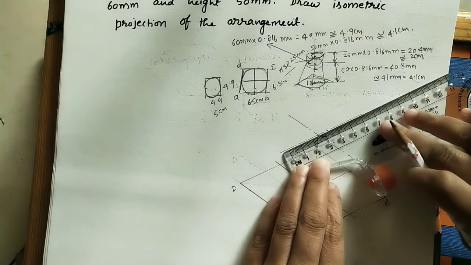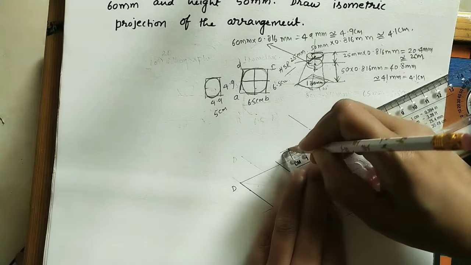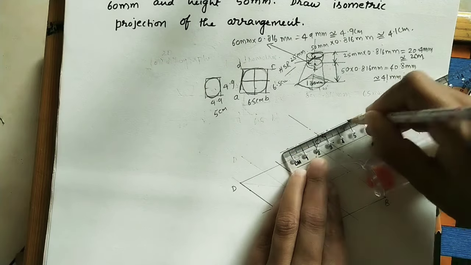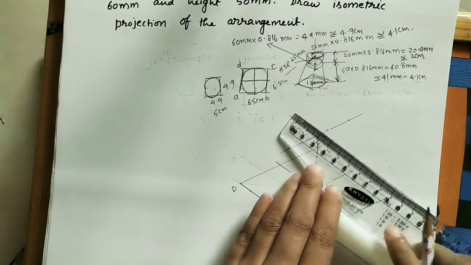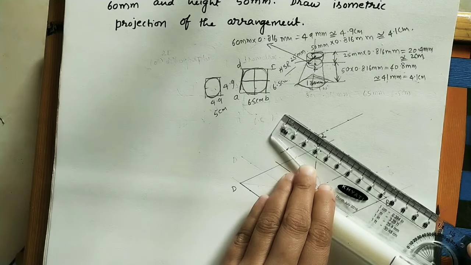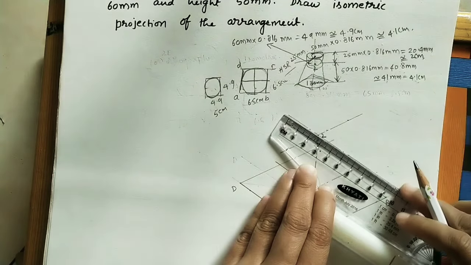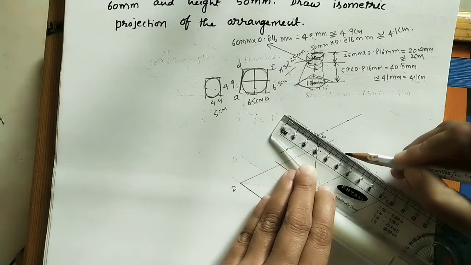Mark the value by using the scale or compass. So this side 2.5 and this side 2.5. And on this side also. So here 1 point, here 1 point.